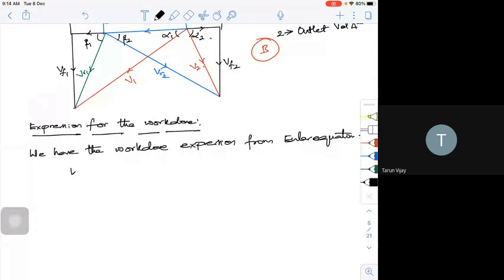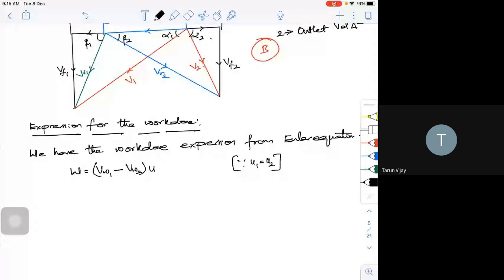Your W is equal to VW1 minus VW2 into U. Why is it U here? Because this is an axial flow machine, or a combined velocity triangle, axial flow machines. Your U1 and U2 both are same. In most of the steam turbines, axial flow machines are used. So here U1 is equal to U2. Otherwise, I would have written VW1 into U1 minus VW2 into U2.